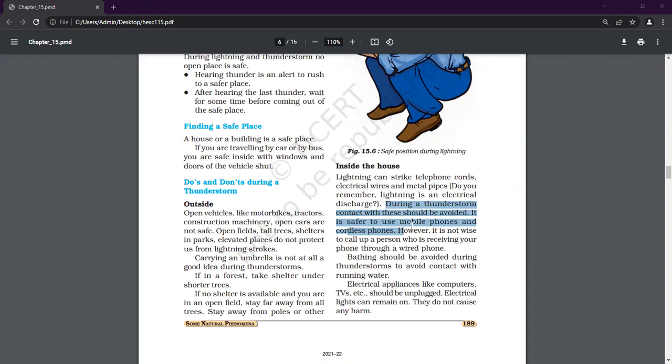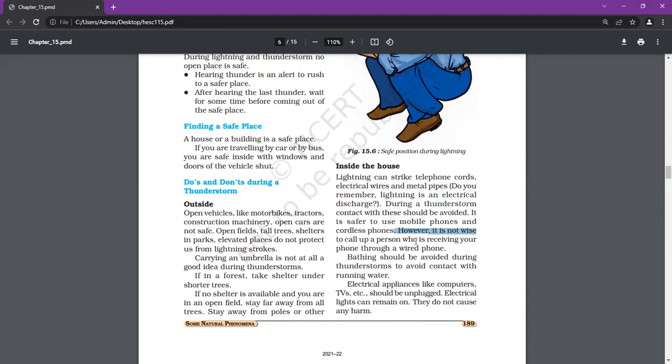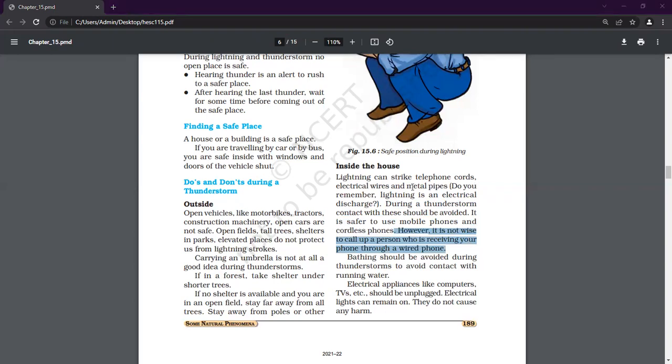So since it is wireless, it is not very harmful, I will say, to use the mobile phones during the lightning process. However, it is not wise to call up a person who is receiving your phone through a wired phone. If you are using a wired phone, then you should avoid the use of the phone if the phone is wired.